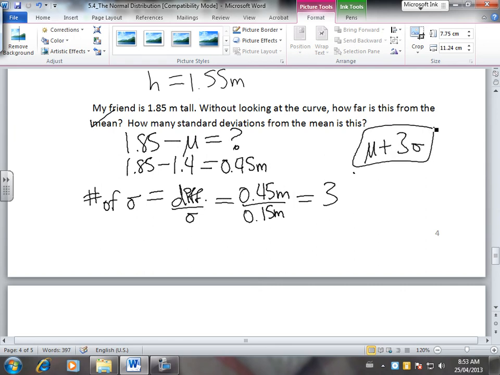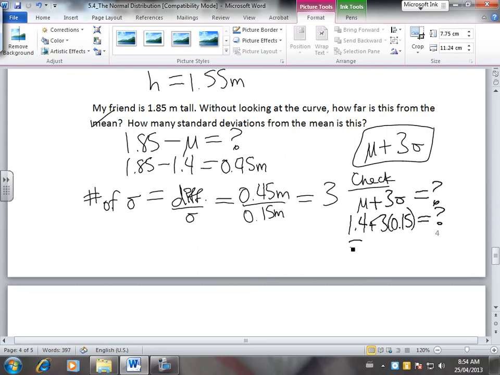We can check it: mu plus 3 sigma equals 1.4 plus 3 times 0.15, which equals 1.85 meters. That's how tall your friend is, so that works.